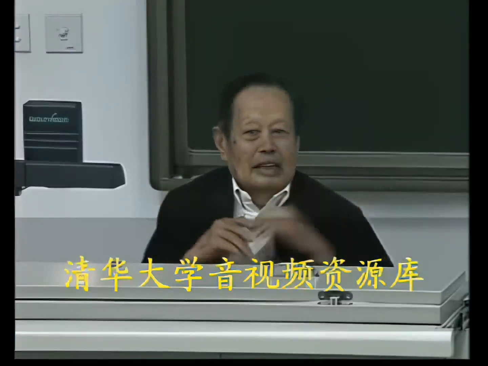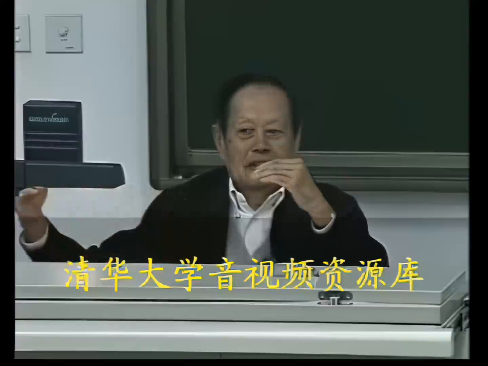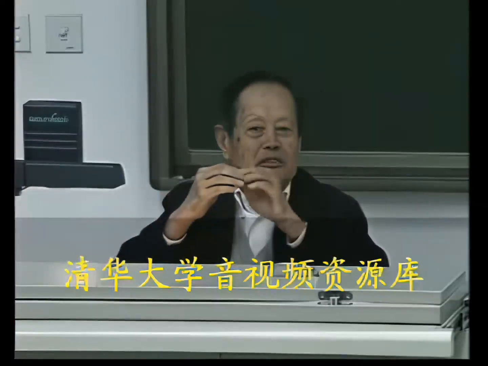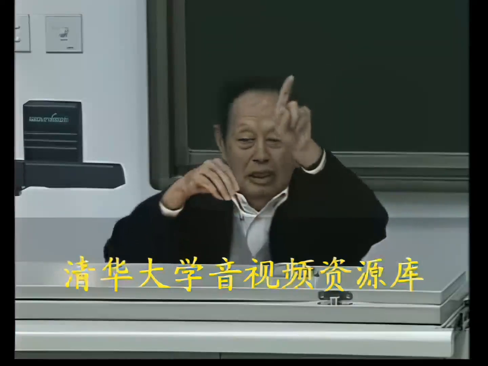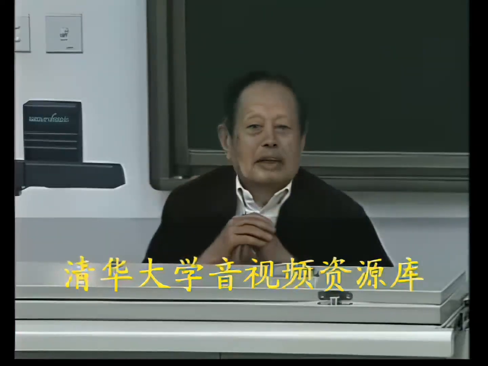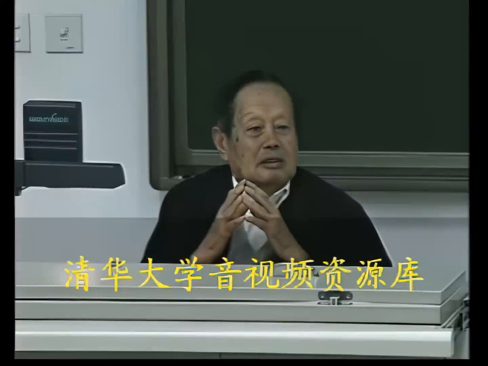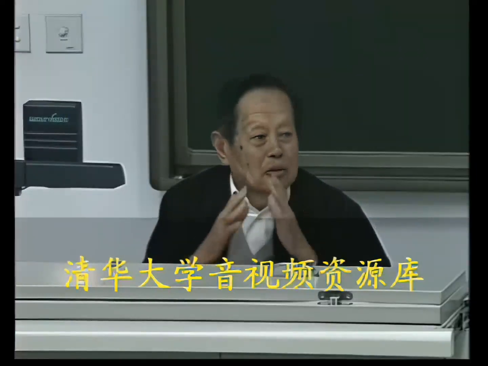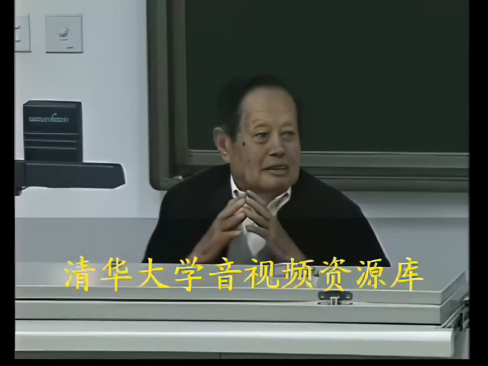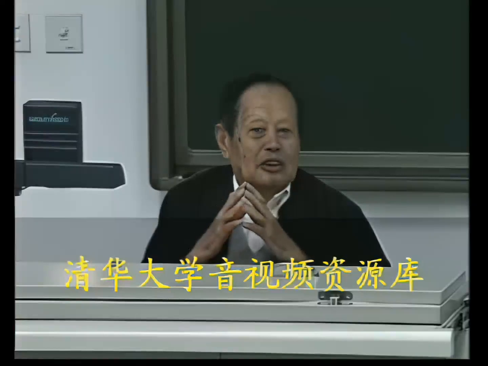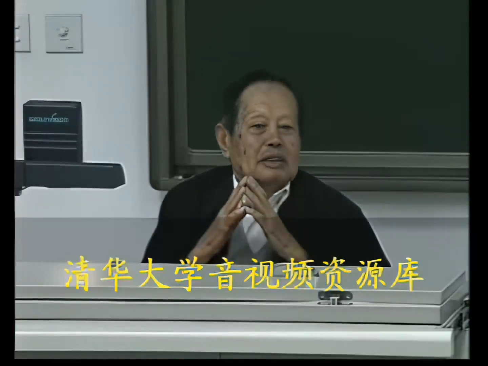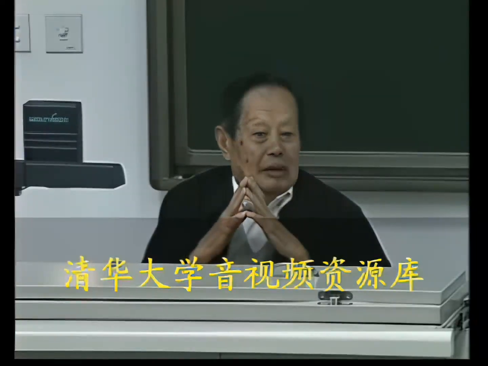So if this is P1, this is minus P1, afterwards this is P1 prime, now in the center of mass system, this is P2 prime. What can you conclude? P1 prime absolute value has to be equal to P1. P2 prime absolute value has to be equal to P2. In other words, in the center of mass system, each body can change direction but not change speed.